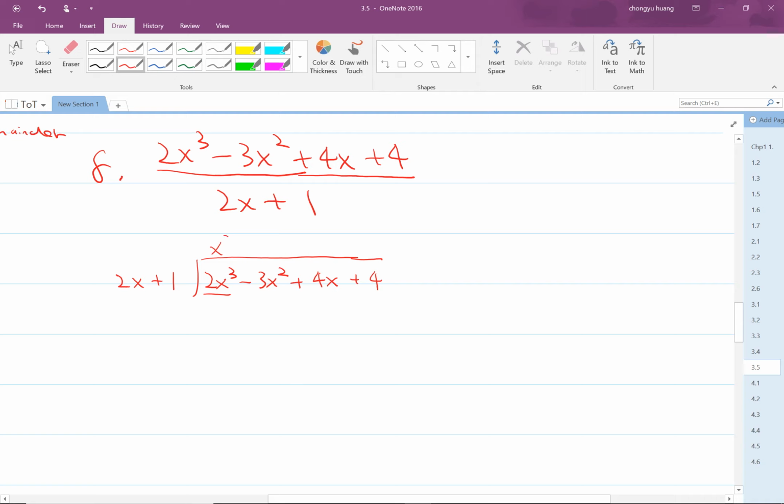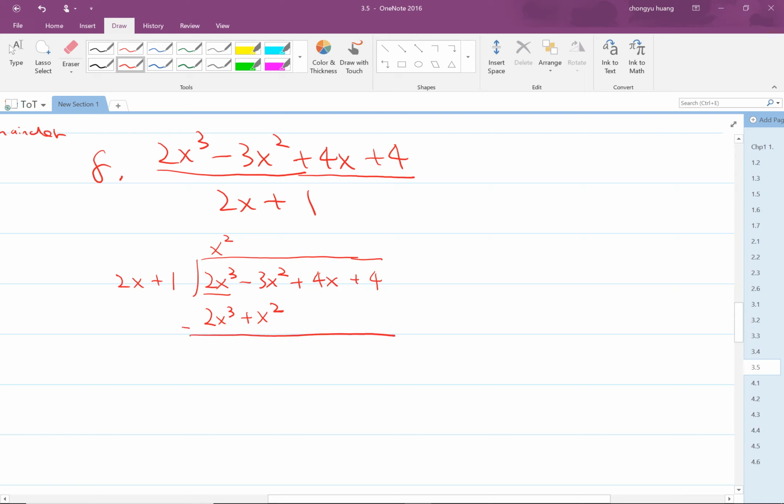We have to multiply by x to the power 2. 2x multiplied by x to the power 2 becomes 2x to the power 3, and then positive 1 multiplied by x to the power 2 becomes positive x to the power 2.